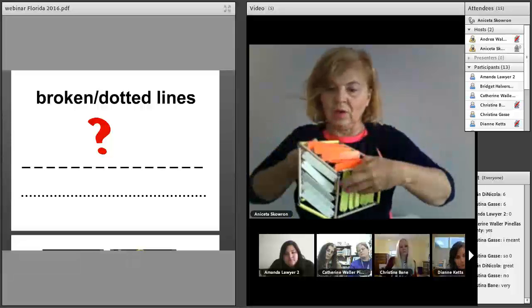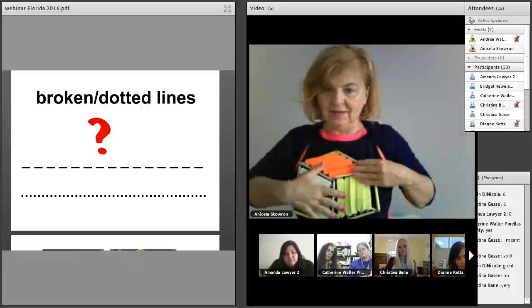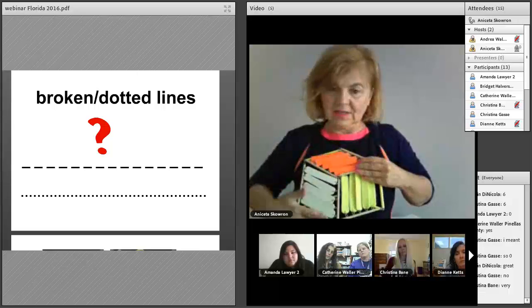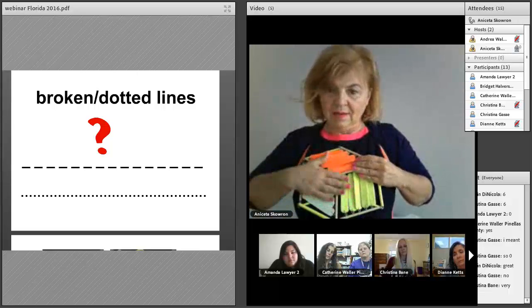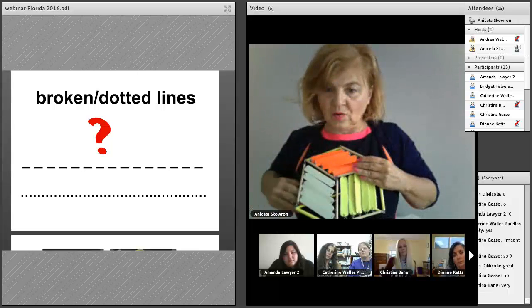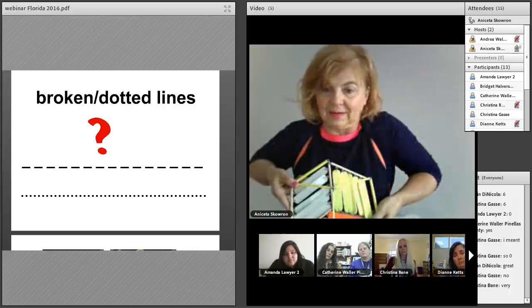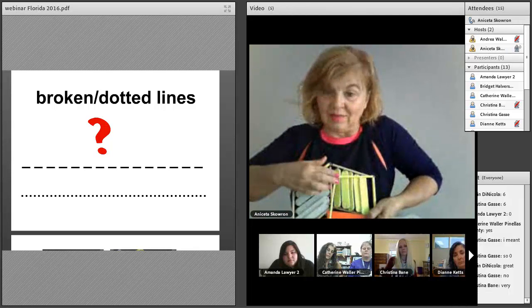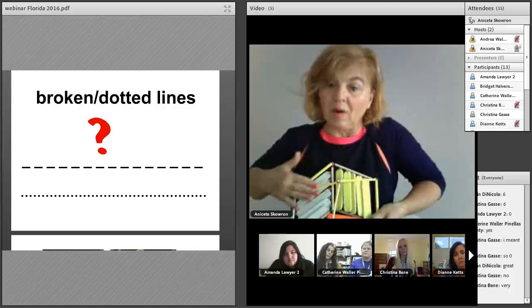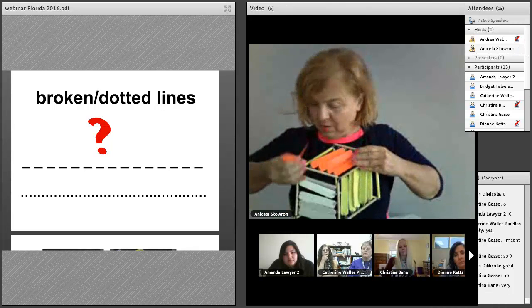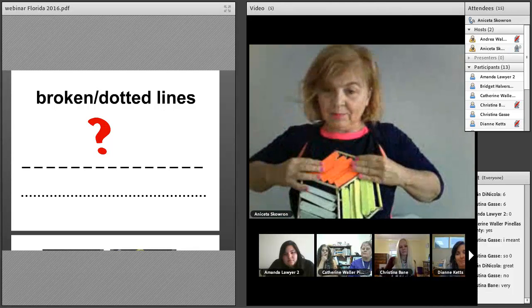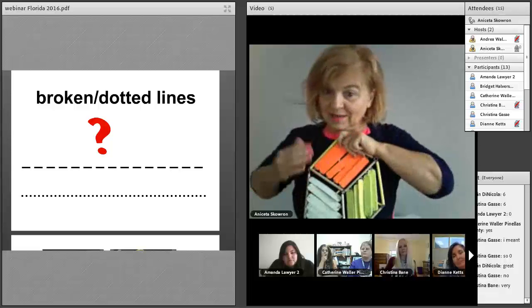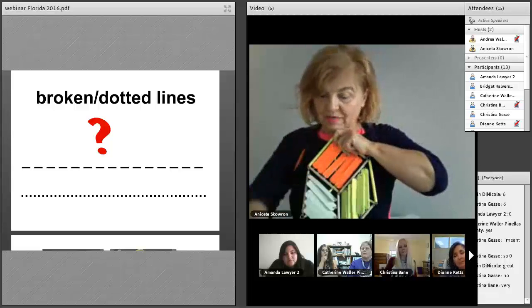So now if you put it flat, you can see that this is like a drawing, but it shows that you cannot see at the back, because the back is where the broken lines are, because you cannot see them. Oh my God, this is falling apart. Because you cannot see them, right? Because they are obscured.